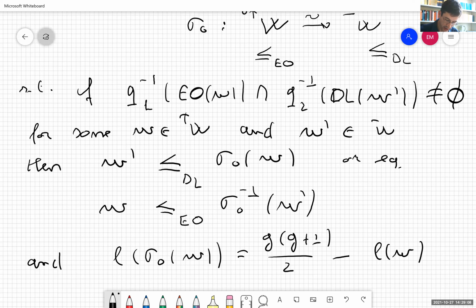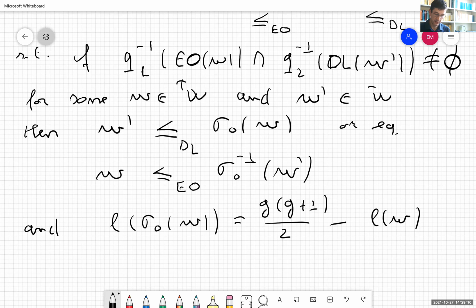So for example, if you have the ordinary locus, in that case the corresponding length of W is equal to g times (g plus 1) over 2, and the corresponding sigma 0 is the trivial element, so you get a length 0 element. So the corresponding Deligne-Lusztig stratum, where your ordinary locus is actually 0-dimensional, we saw in this example.